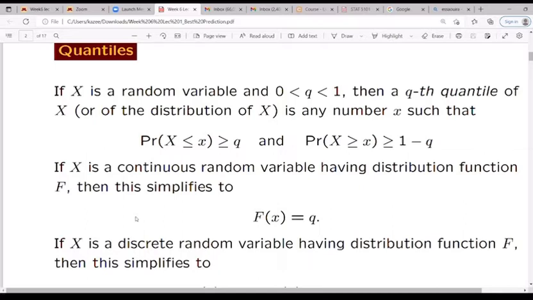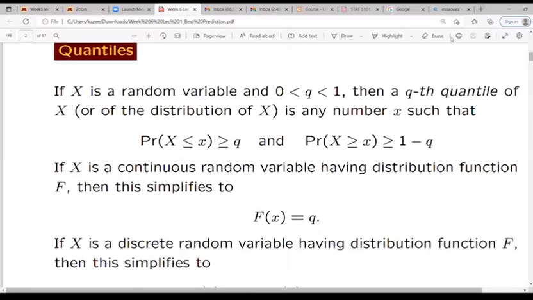Some of you may be wondering what we actually mean by that. A quantile defines a particular part of a data set. It determines how many values in a distribution are above or below a certain limit.